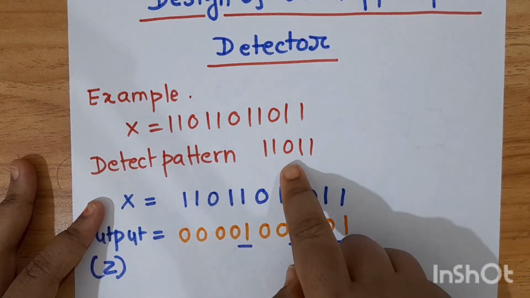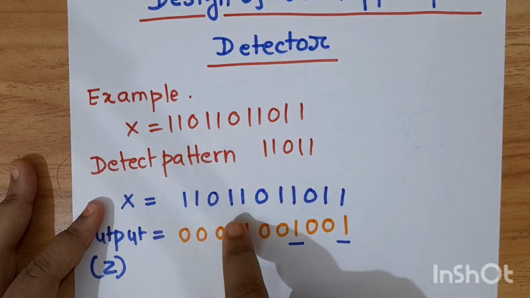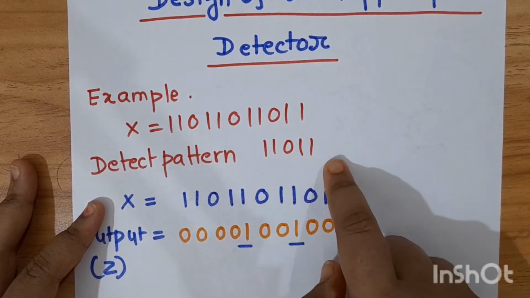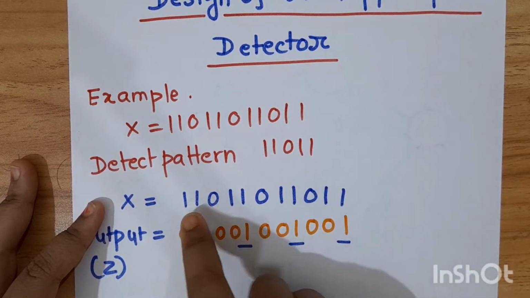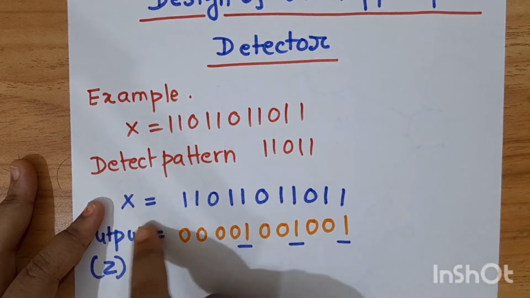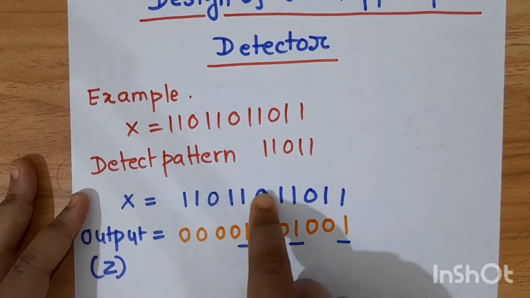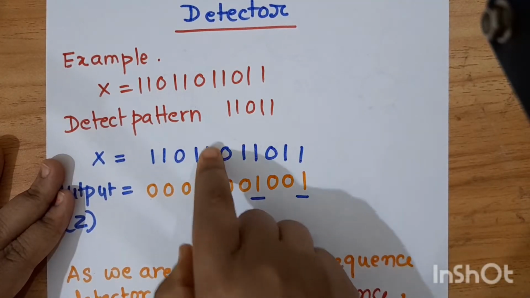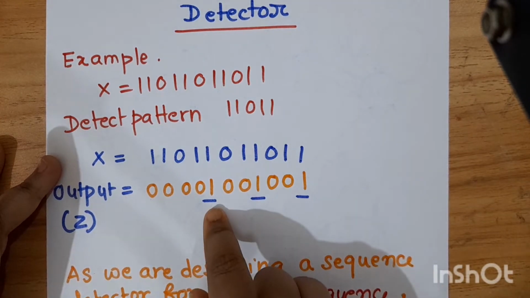Now I will wait for another 1 in the detect pattern. That also has come. Now I will wait for the fifth bit, which is 1 in the detect pattern. That is also 1 in the input stream. If I see the input stream, 1 1 0 1 1 in the beginning. So when the 1 1 0 1 1 pattern is detected, the sequence detector gives the output 1.